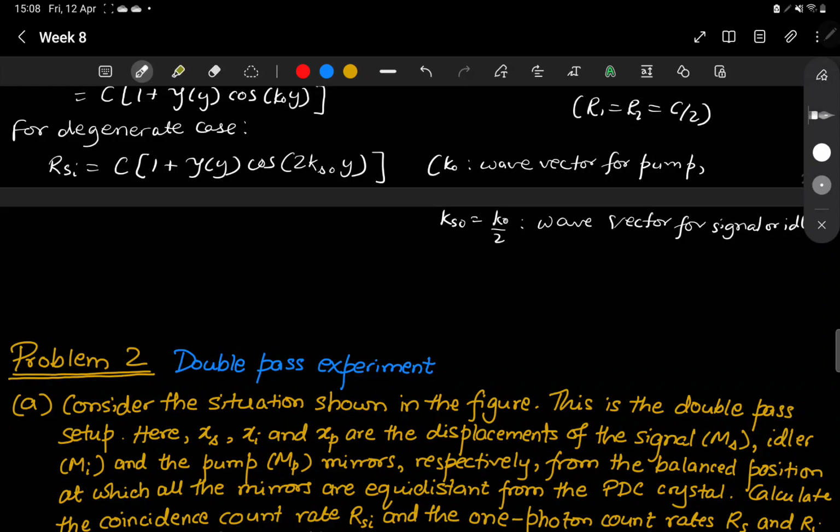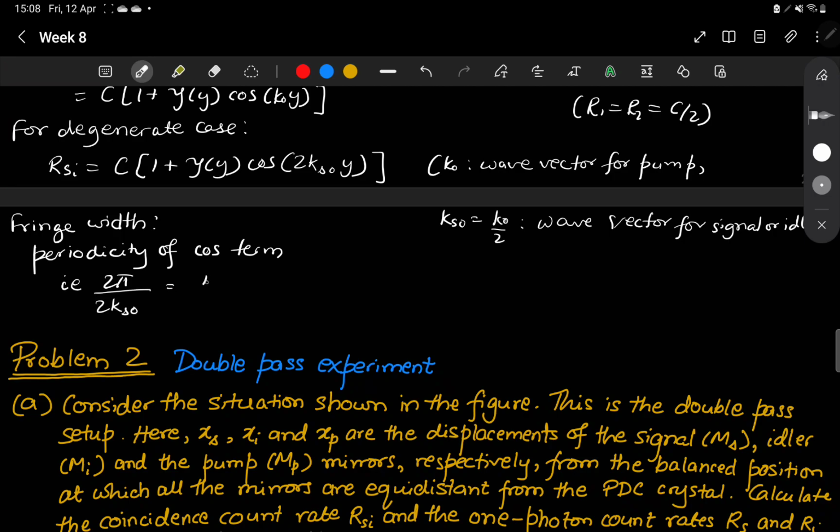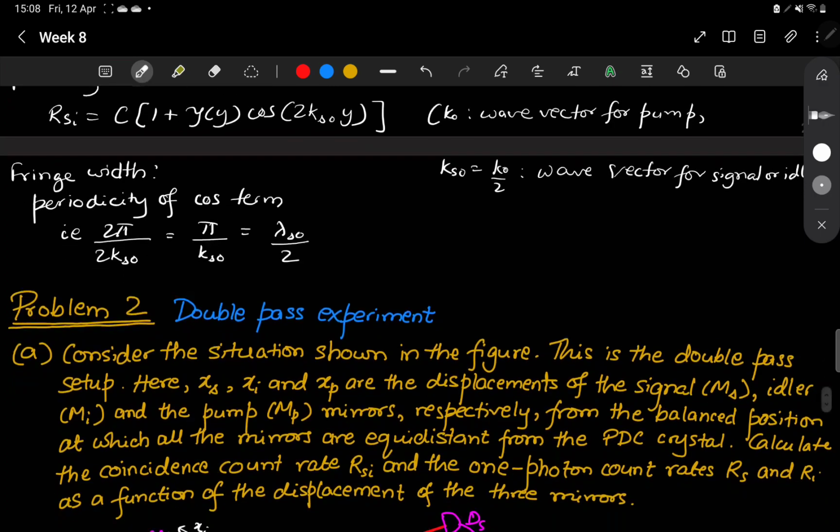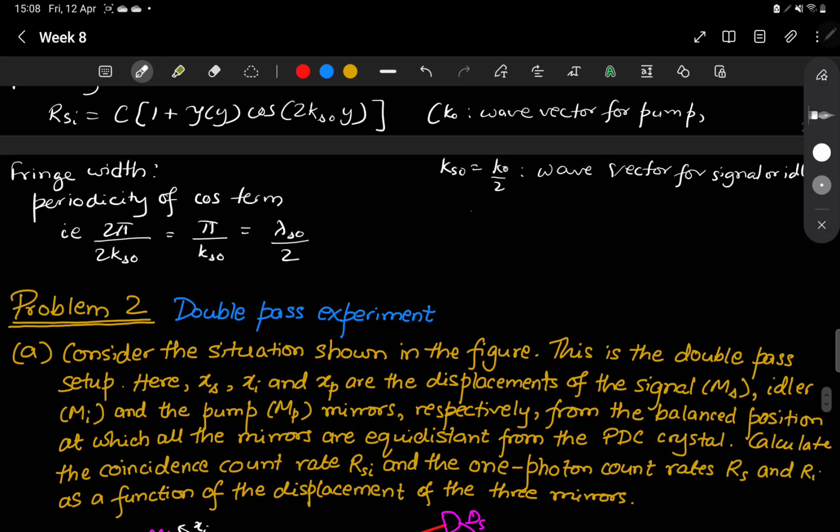Now fringe width is nothing but the periodicity of the cos term, and this is then 2 pi over 2 ks naught, which is the following, because ks naught is 2 pi over lambda s naught.